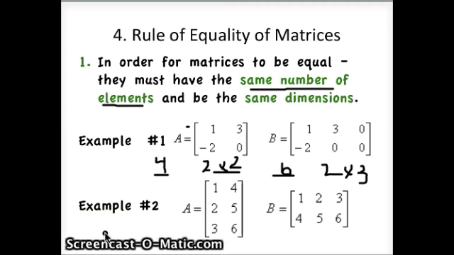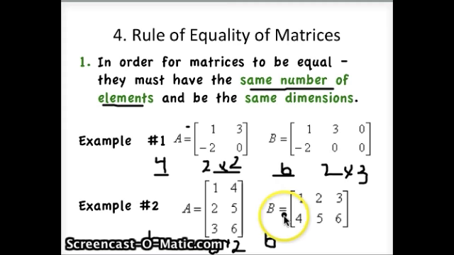In example number 2, our matrix A has 1, 2, 3, 4, 5, 6 entries, and it has 3 rows and 2 columns. So it's going to be a 3 by 2 matrix. And B has 1, 2, 3, 4, 5, 6 entries as well. So this looks promising because they match in the number of entries.